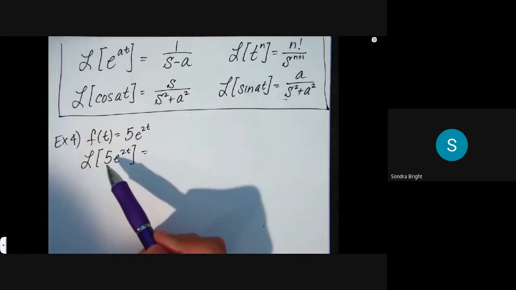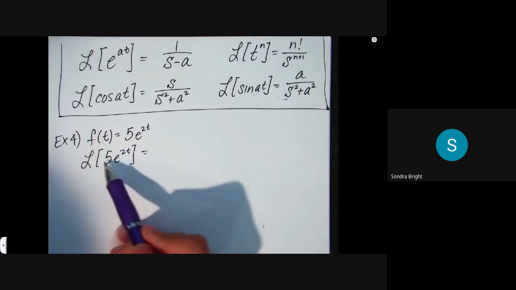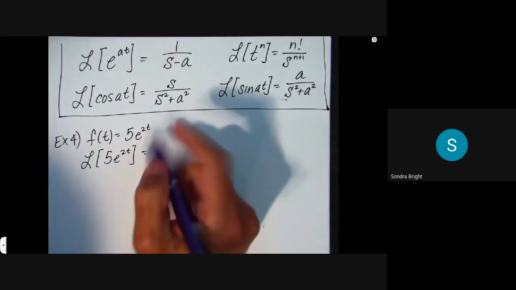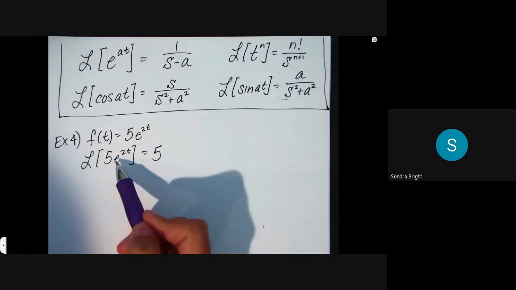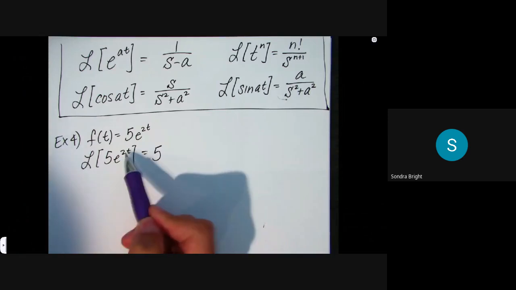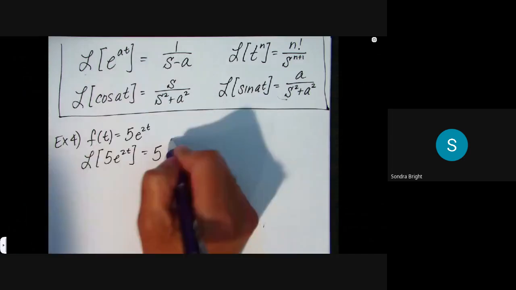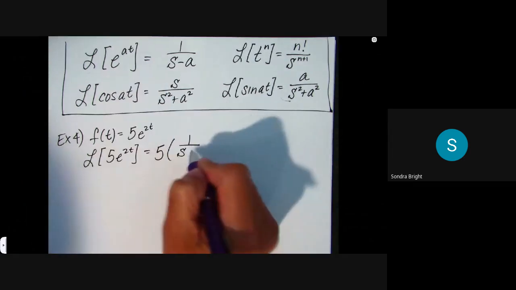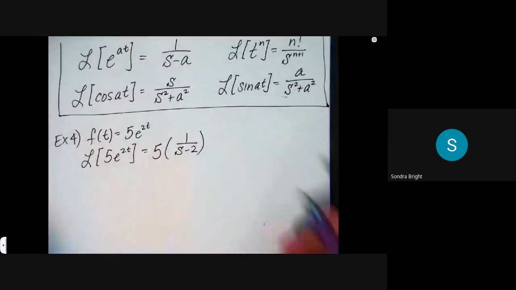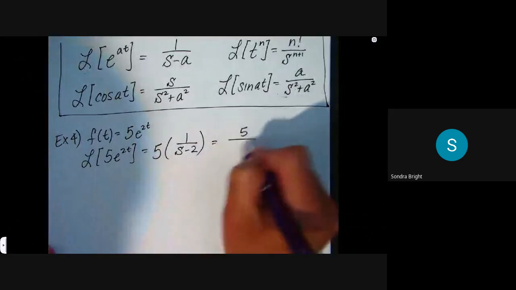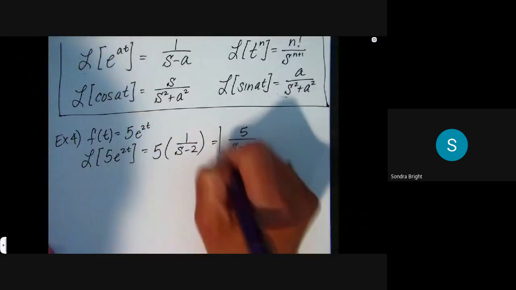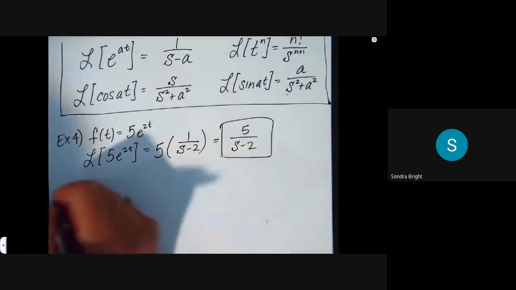So the 5 is a constant, right? So it'll just be 5 times the Laplace transform of e to the 2t. But the Laplace transform of e to the 2t is 1 over s minus your a is 2. Yeah? So you'll just write it as it's 5 over s minus 2. Nice. All right.